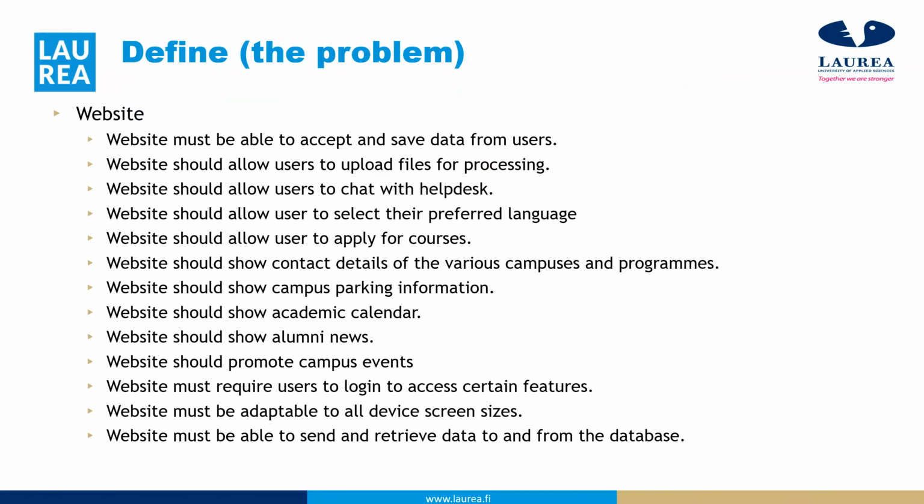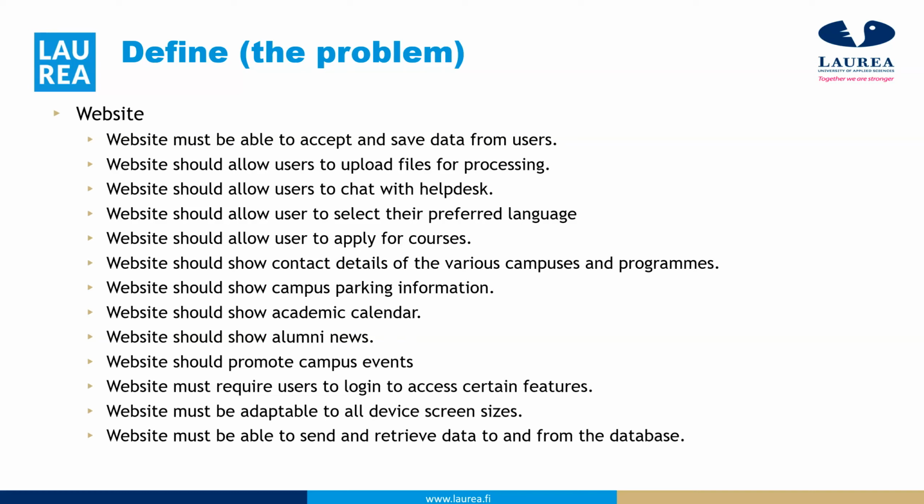So now, at the defining stage, we are trying to understand, and here I've put some examples of requirements. The website must be able to accept and save data from users. The site should allow users to upload files for processing, chat with help desks, and select their preferred language.